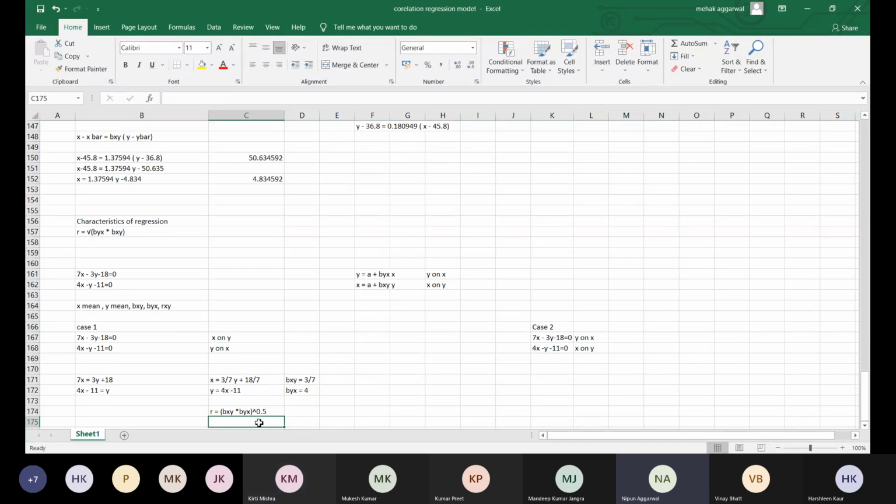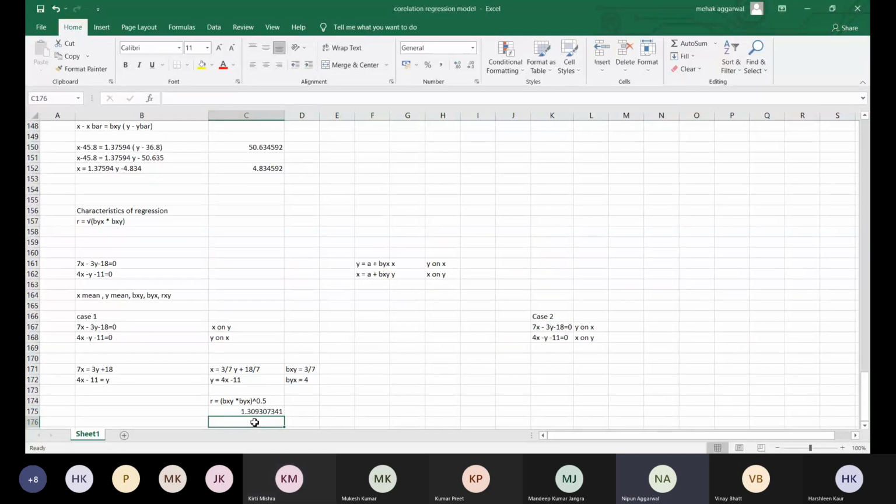If you solve this, it becomes 4 into 3 by 7 raised to the power 0.5. This comes out to be 1.309.